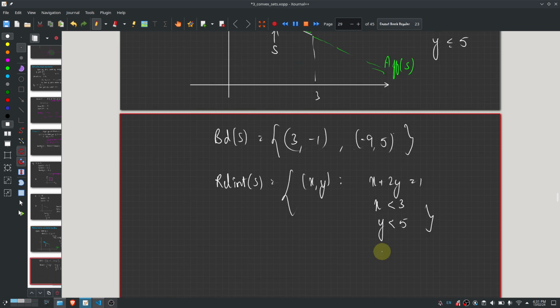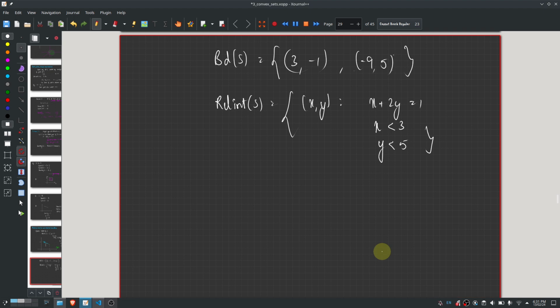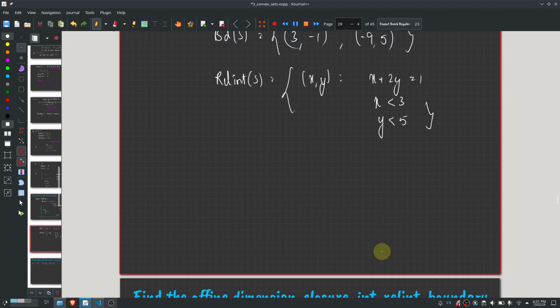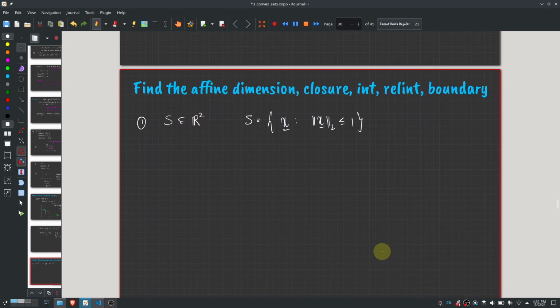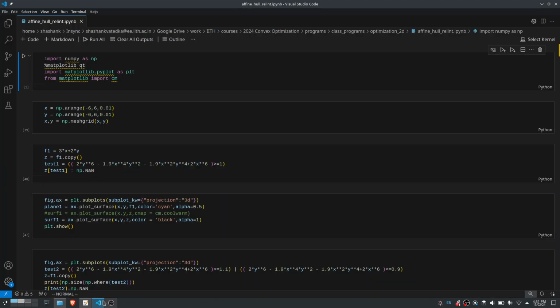Any questions? Okay, so let's again see some more perhaps geometric examples.